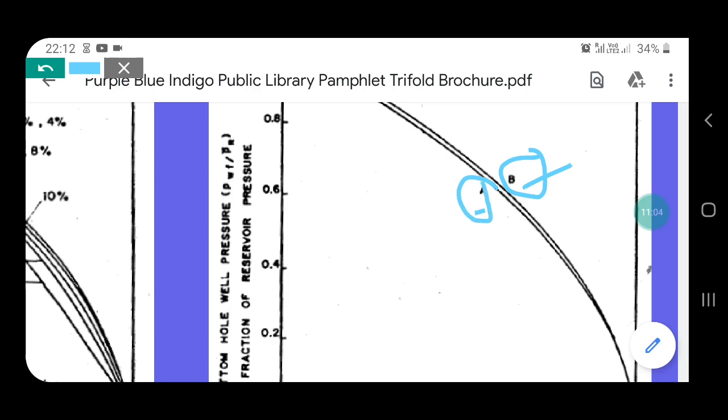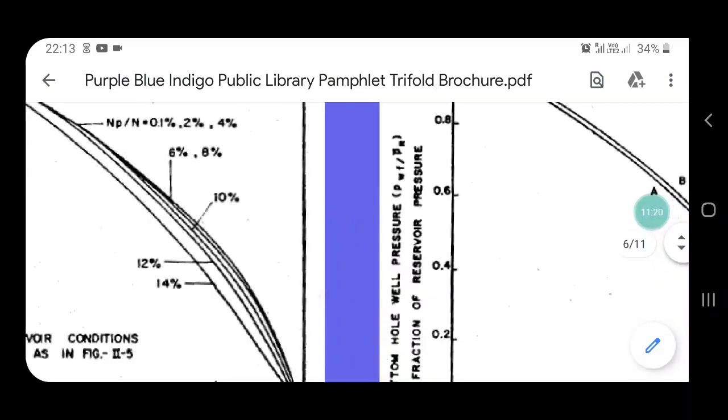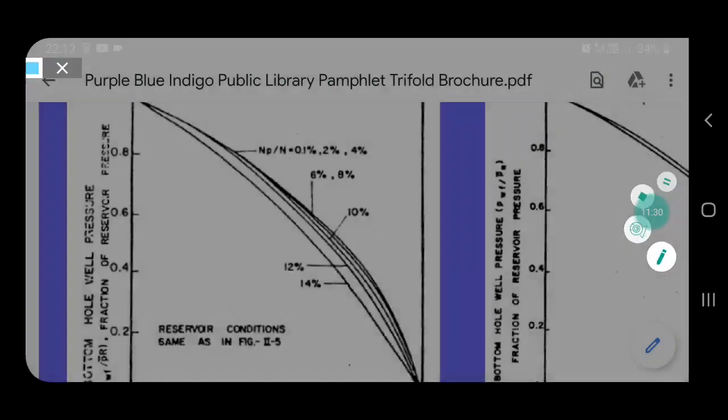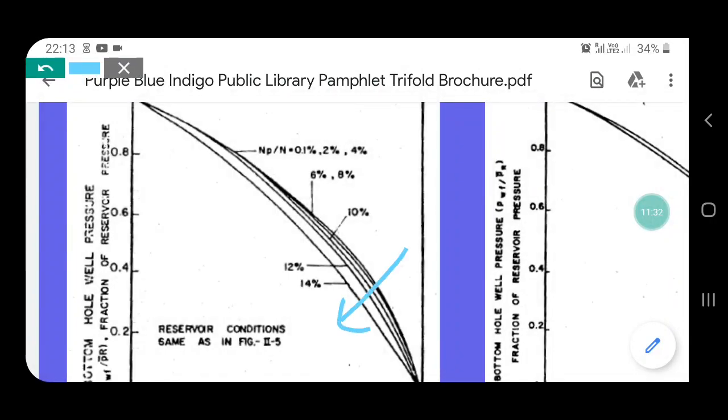And since the productivity of the reservoir with lower viscosity will be higher, the curve which represents reservoir B is slightly lifted. And a similar case you can see here: with the increase of recovery factor, the energy of the reservoir will decrease, hence the graph is shrinking like this.